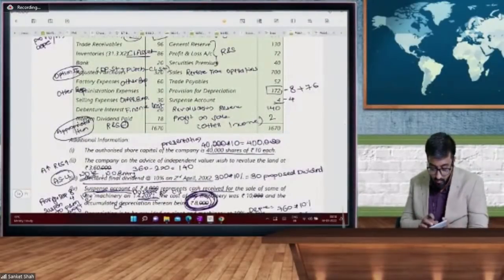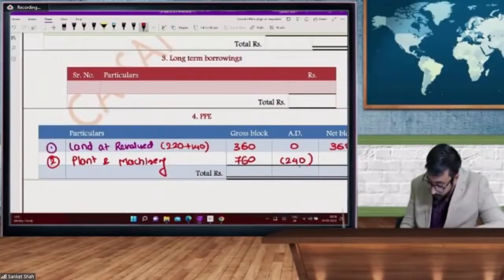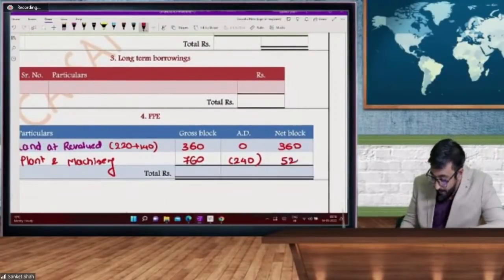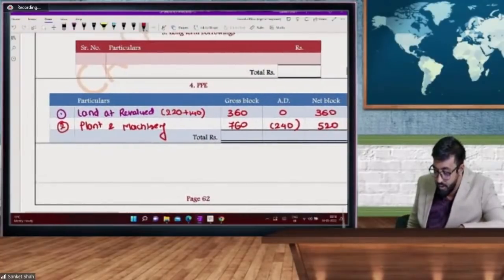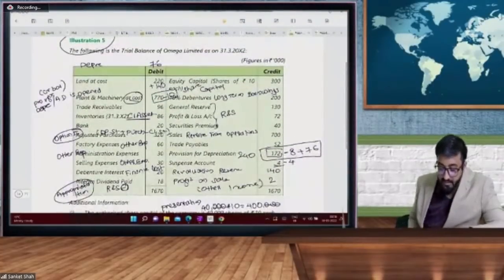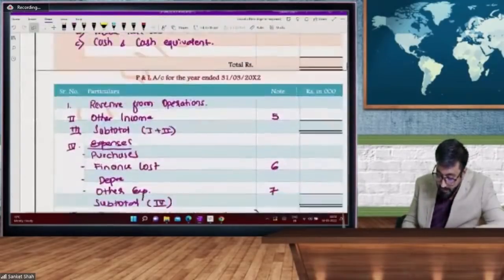Accumulated depreciation 172 minus 8 plus 76. So accumulated depreciation is 240. So what is the total? 520. So plant and machinery is important in this question: accumulated depreciation 240, and plant and machinery is 760. Understood? Very simple. Trade receivable. Where to present trade receivable? Directly in balance sheet.